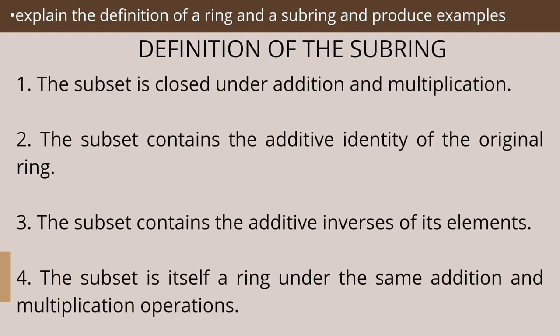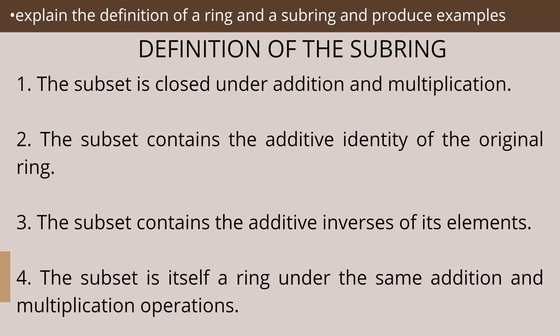Now, for the definition of the subring, it is a subset of a ring that is itself a ring with respect to the same addition and multiplication operations. In other words, a subring is a ring that contains a subset of the elements of the original ring while preserving the ring structure. A subring must satisfy the following conditions.